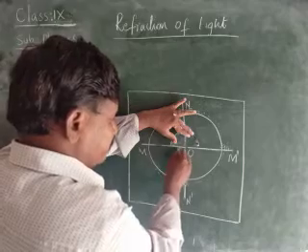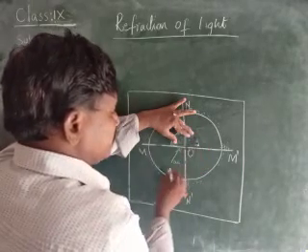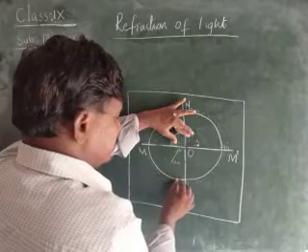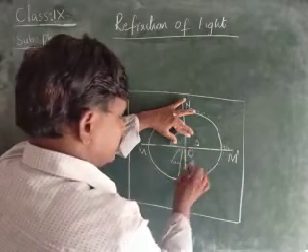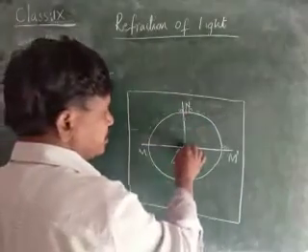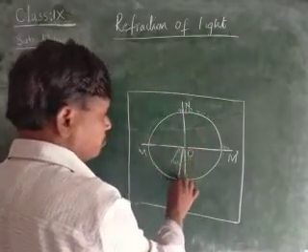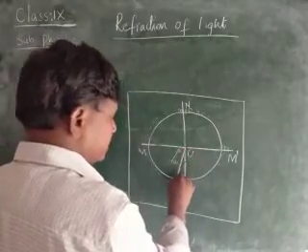This is air. This is the glass inside. Whenever the light is incidenting, first try to incident the light from here, 10 degrees, children. Whenever the light is incidented at the point O from 10 degrees, try to increase.